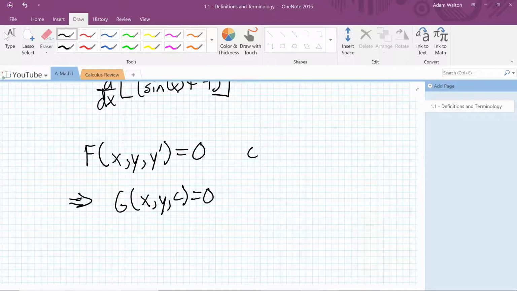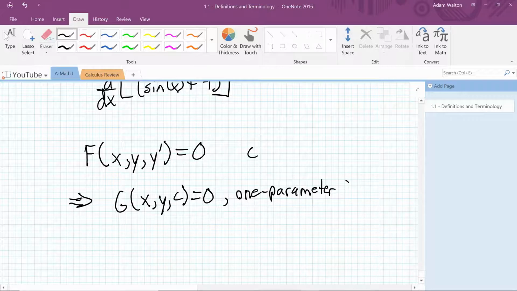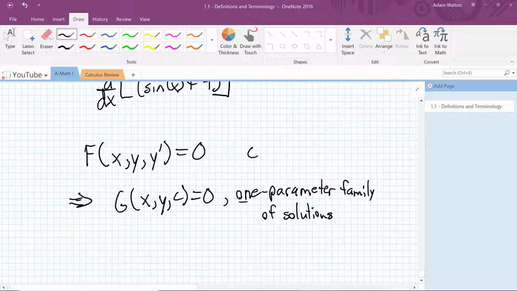So this is a one parameter family of solutions. Okay, one parameter family of solutions, and that parameter is c.